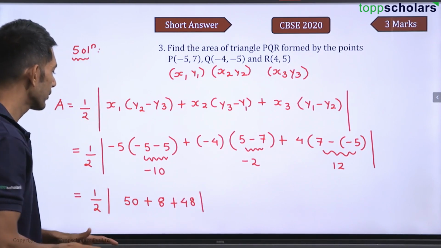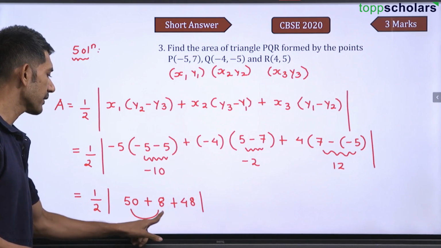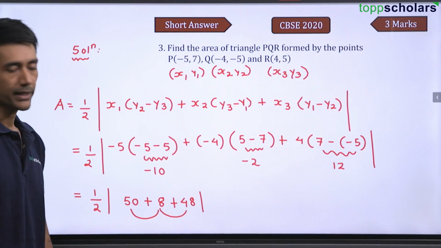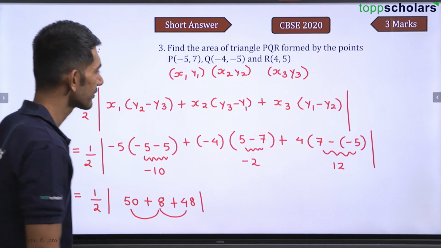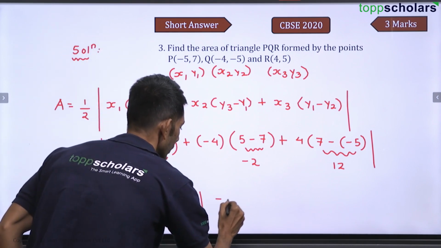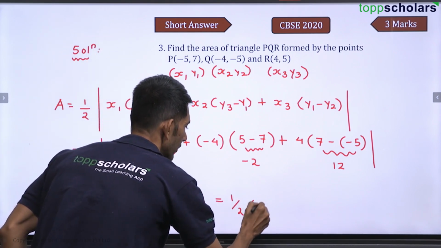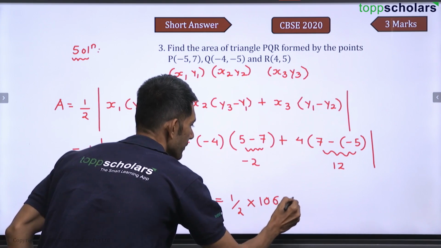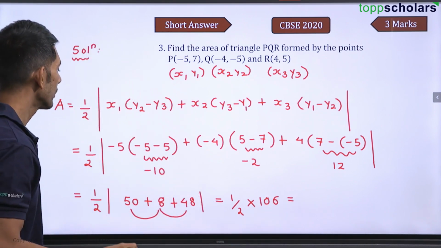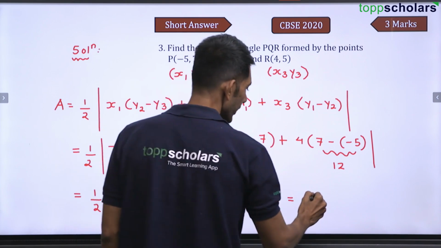So that gives you 50 plus 8, 58, 58 plus 48, that is 106. So that is equal to half of 106, and that is equal to 53 square units.